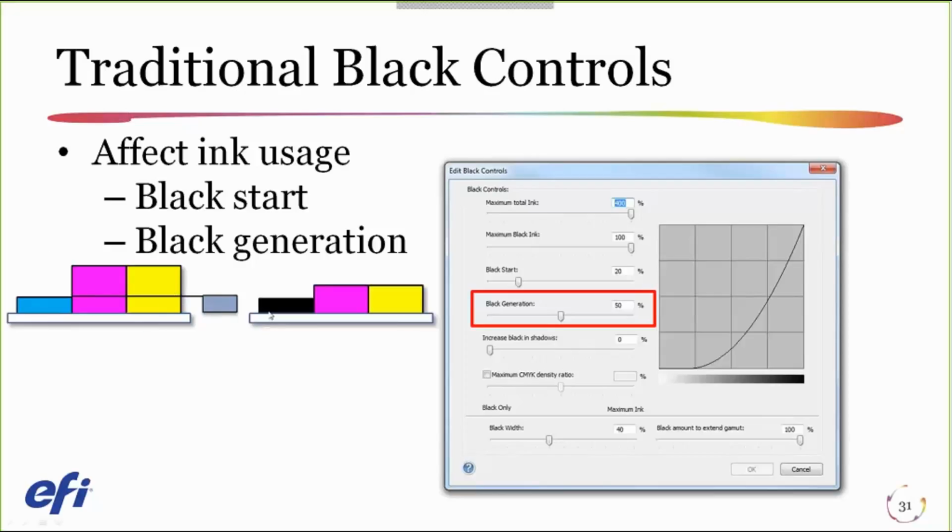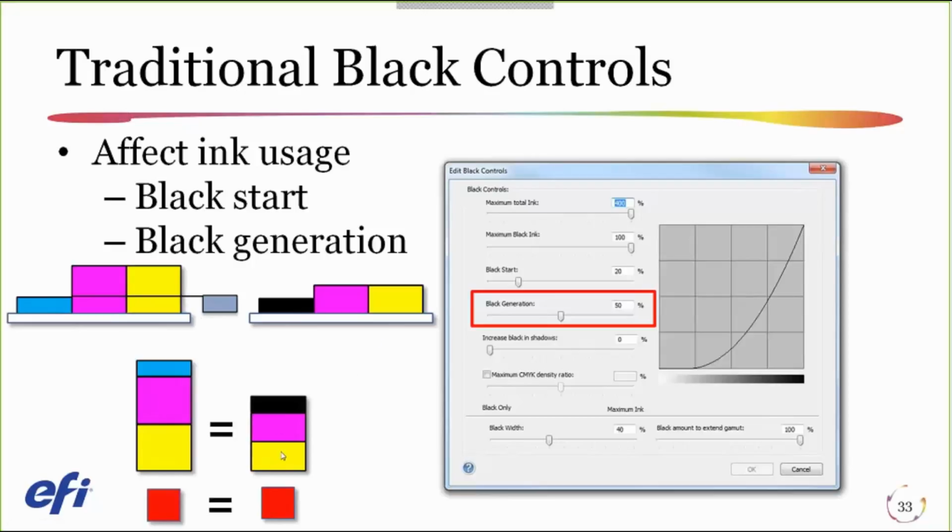Well, I could replace that with black. Gray component replacement: I replace it with black. I can use an amount of black and I can reduce the magenta and yellow, take that gray component out of there. If I stack these up, you'll see I'm actually now using less ink. However, the colors should match. That's the key.